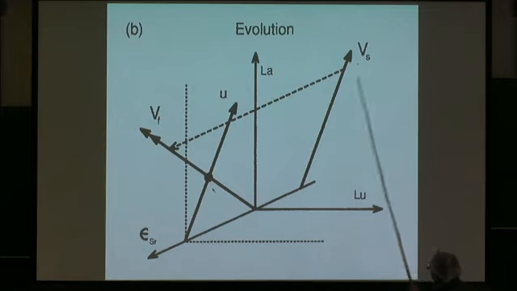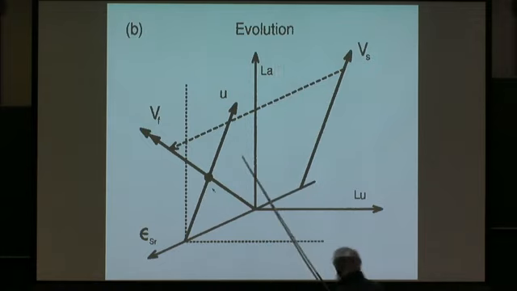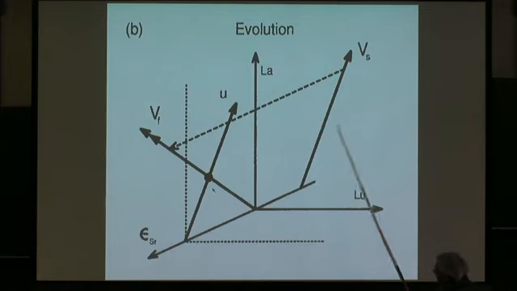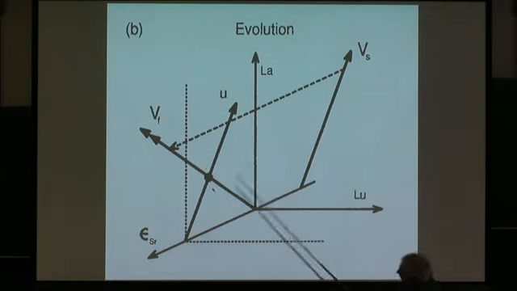So this, which is initially a line in the plane parallel to lanthanum lutetium, will evolve out of that plane, right, because the strontium isotope ratio will increase. And here it is after some time.